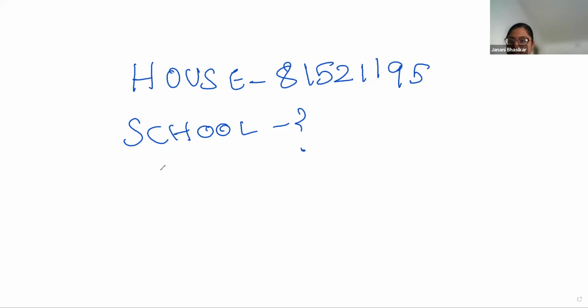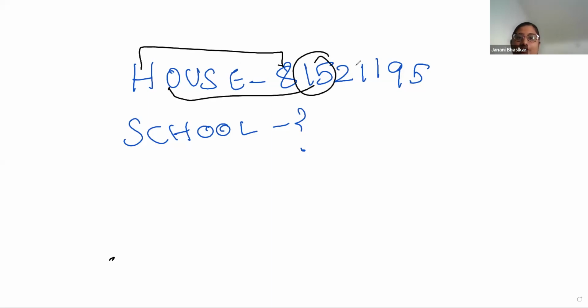Very good. It's just the place value of the letters. Now H is 8, 15 will be for O, U will have 21, S will be 19, and E is 5. So find in that way the code for school, all of you.